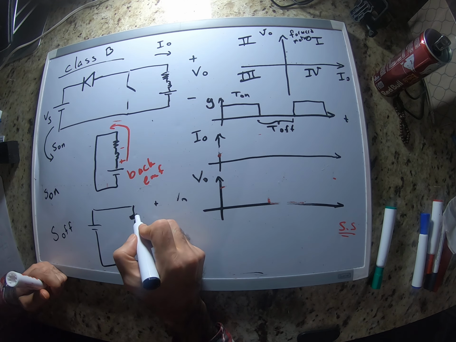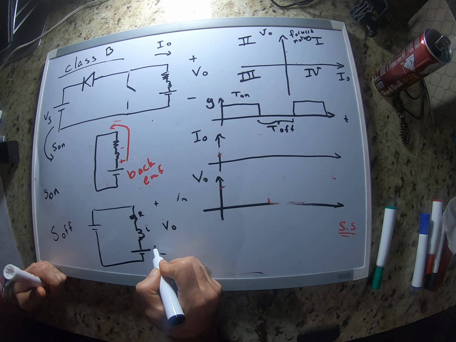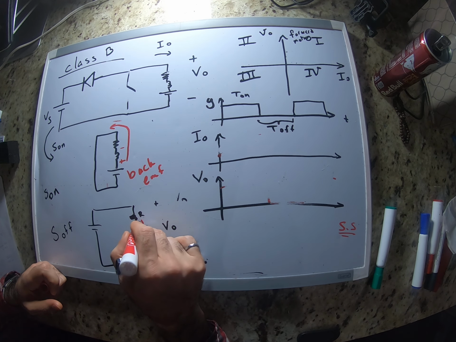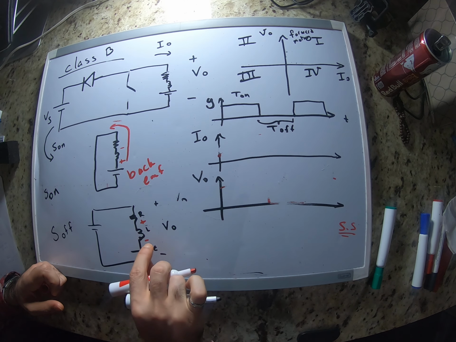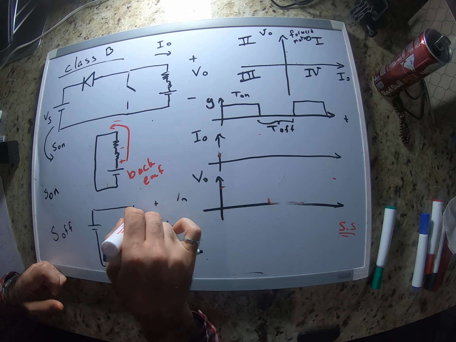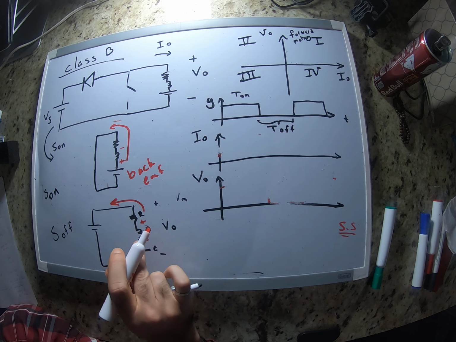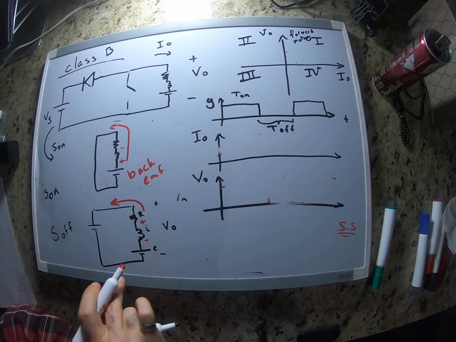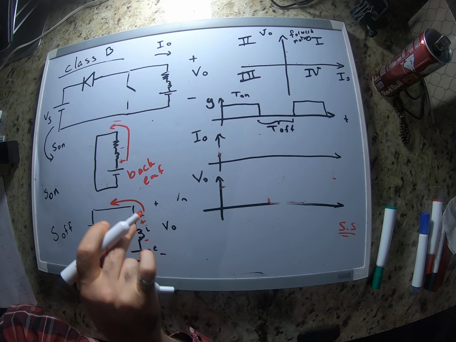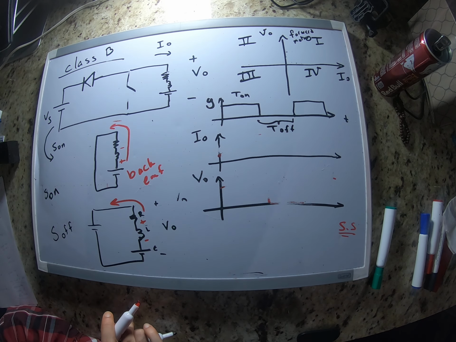This is RLE, and in this case, the polarity of the voltage across the inductor is like this, because now the energy stored in the inductor is released, so the current is gonna flow in the circuit in this direction.